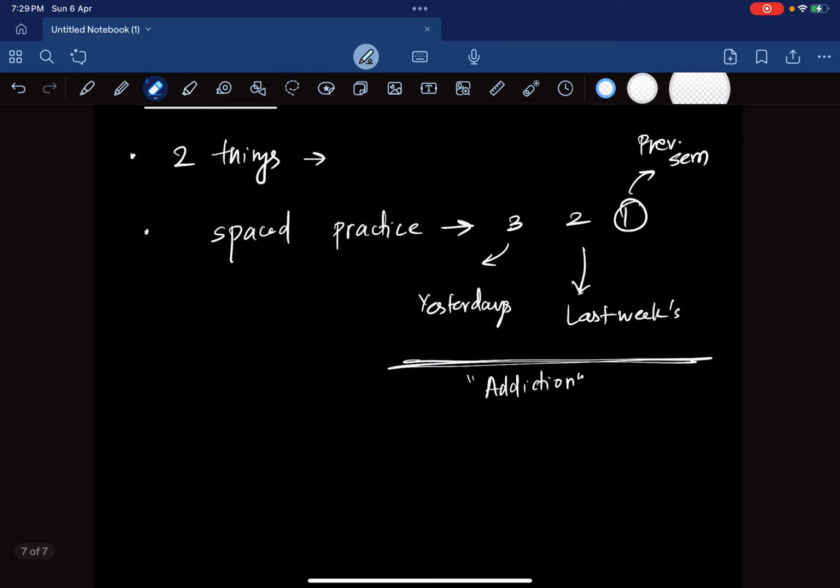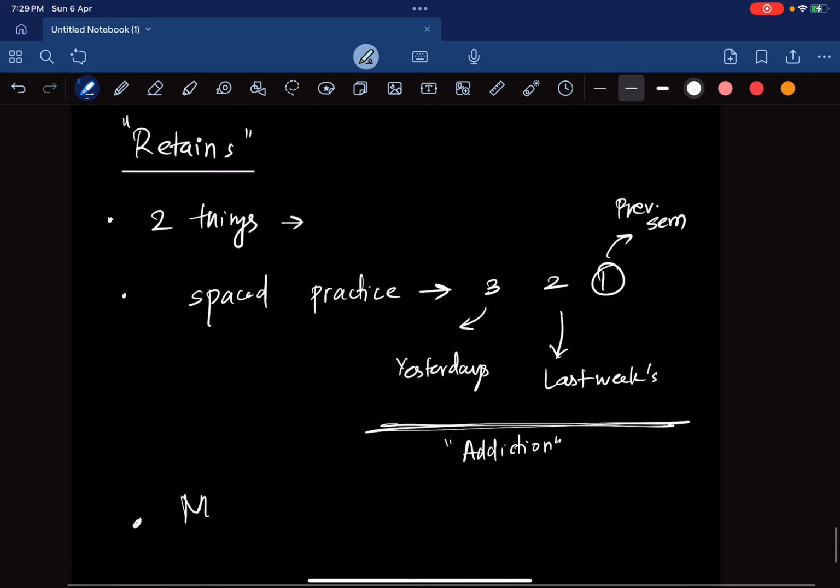We can have elaborative encoding. I can ask the students to create a mind map or mnemonic to help them remember much better.